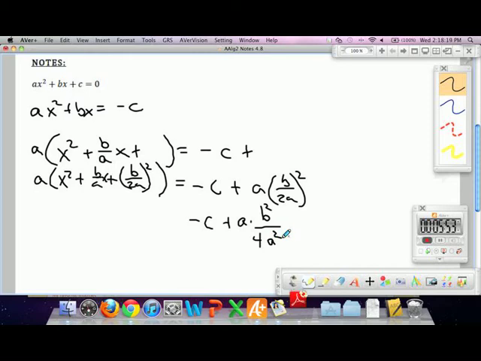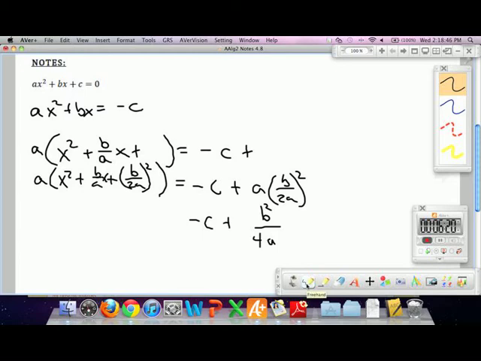You have an a in the top and an a squared in the bottom. How does that simplify? No a in the top, and just one a left on the bottom. So I can reduce this and get b squared over 4a.